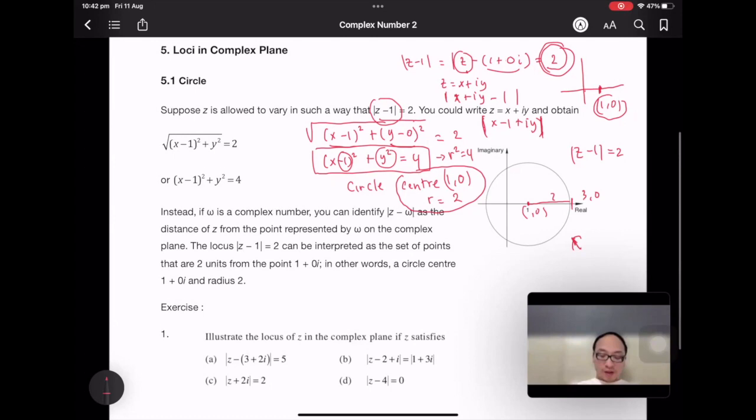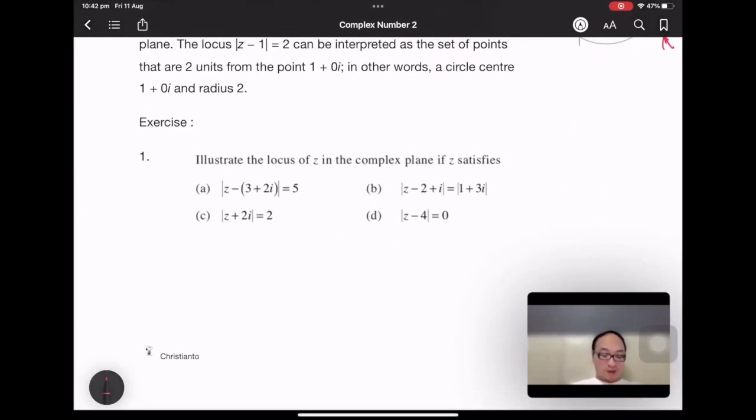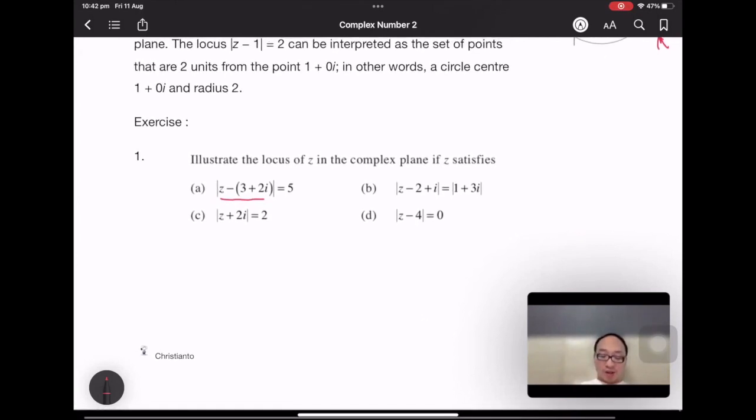Now we can see exercise number 1a. Illustrate the locus of z in the complex plane if z satisfies the modulus of z minus 3 plus 2i equals 5. From here, we can say that the center of the circle will be 3, 2, and the radius will be equal to 5.